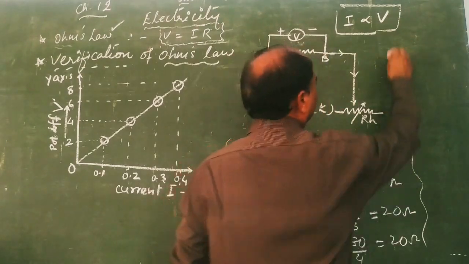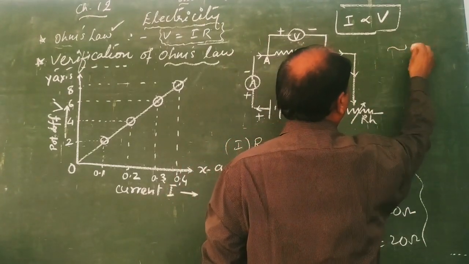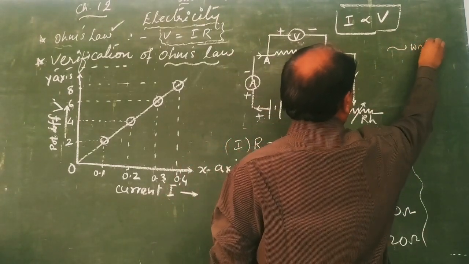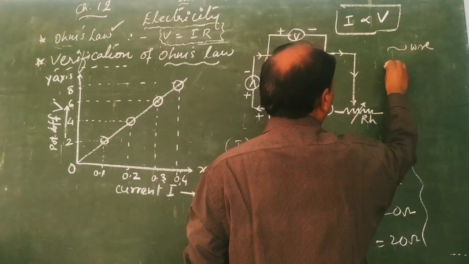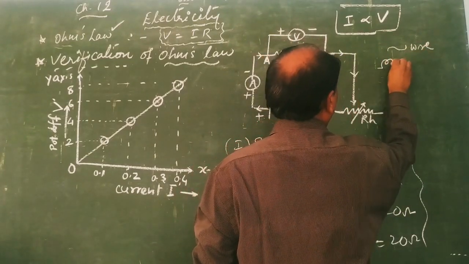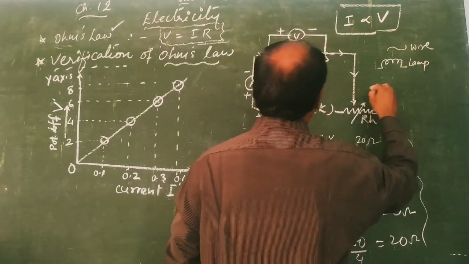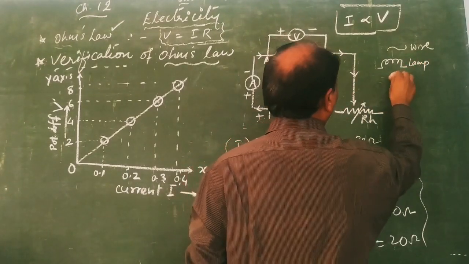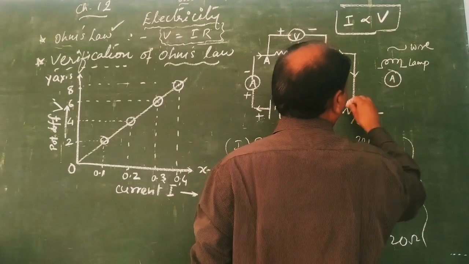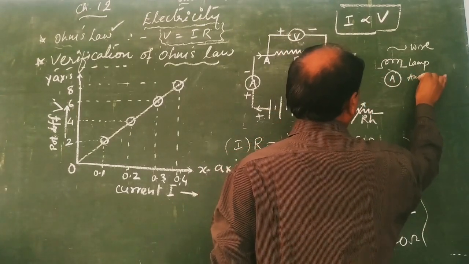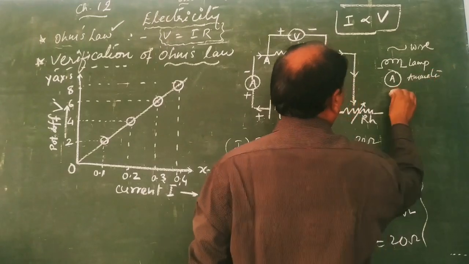Should I show you here? The symbol of wire is this one. This is a wire here, and lamp is shown. This is our lamp or a bulb. Then of course the ammeter is shown with this symbol here. This is the ammeter. Voltmeter.